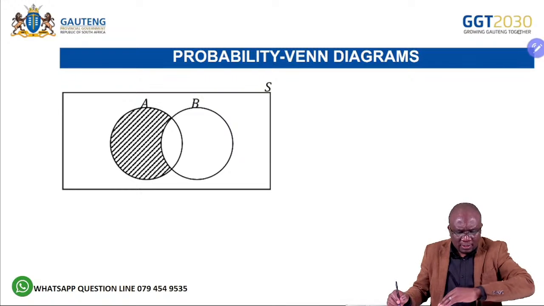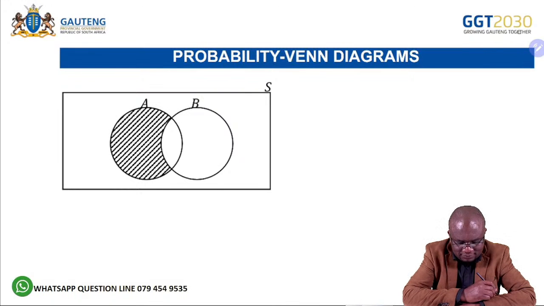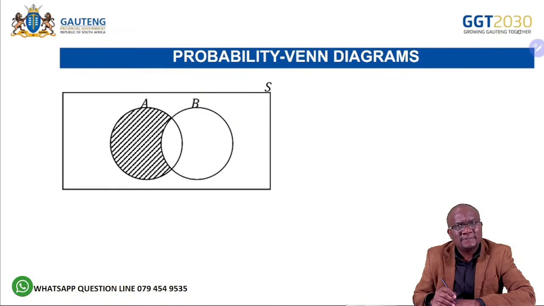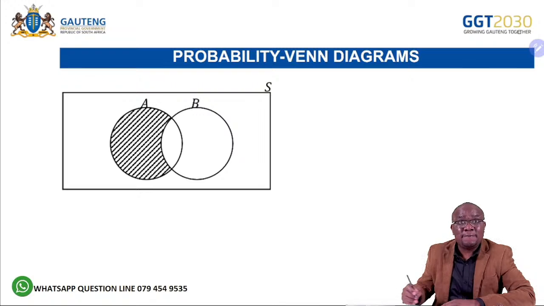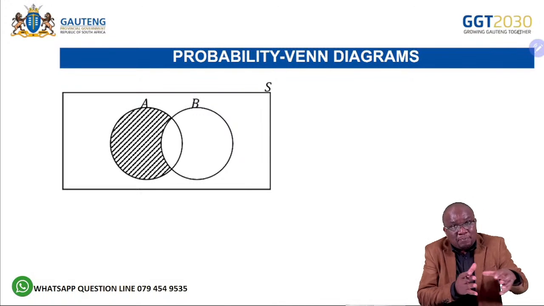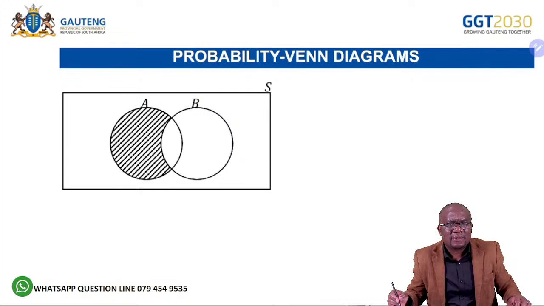What about this one? What do you think? What does the whole circle of A represent? It means these are the outcomes found in A, including the ones in the intersection. But now we've just shaded the part which does not include the intersection. What does that mean?